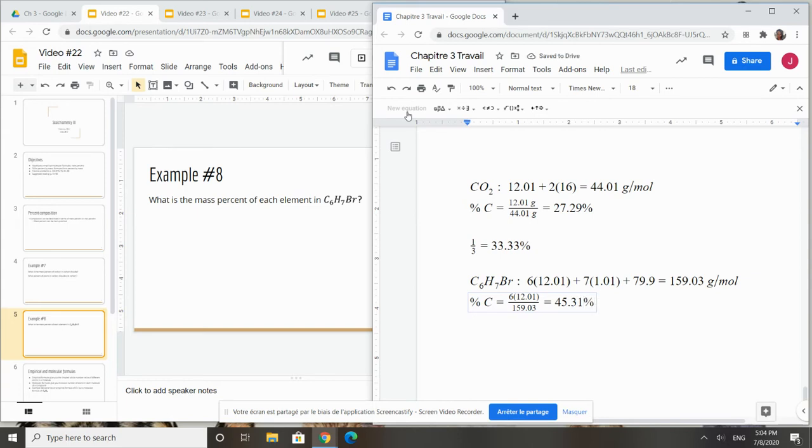So all of mine for carbon, hydrogen, and bromine, I'm going to round all of them to the hundredths place with my percentage. The reason I'm going to do that is because afterwards I could add them all together and make sure that they add up to 100 without really needing to worry about rounding errors and things like that. So again, it's not that you have to, it just makes checking your answers a little bit easier.